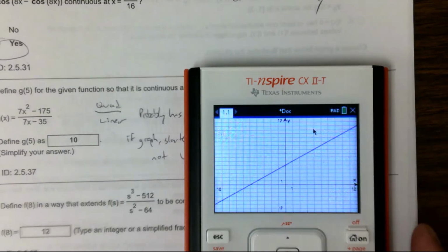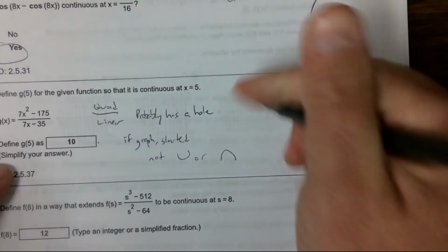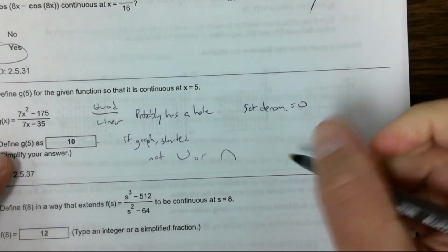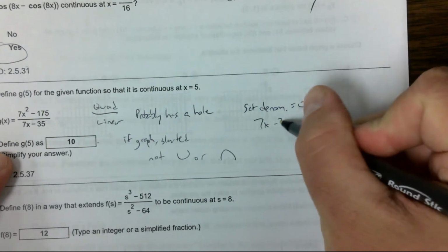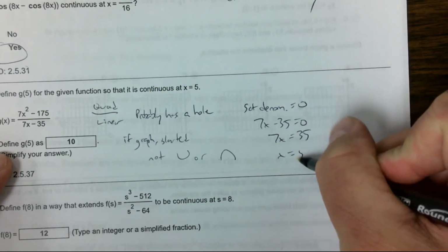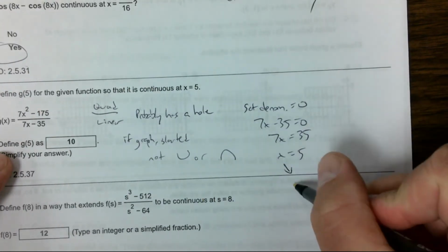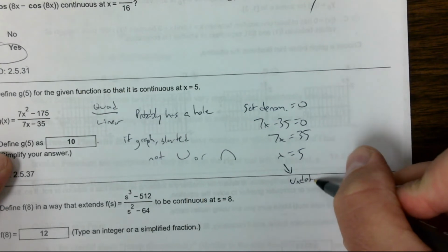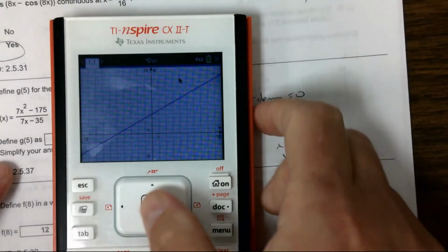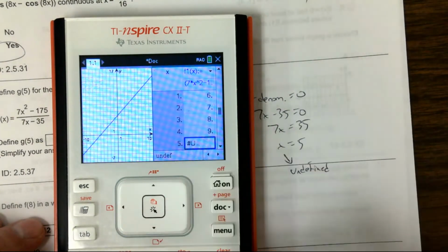But if we set our denominator equal to 0, we have 7x minus 35 equals 0, and so x is 5. That's where it's undefined. So if I go to my table, Control T for the table, at 5 it's undefined.